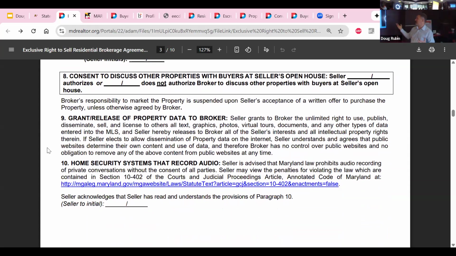The next kind of weird one that's arbitrarily boxed and bolded is this concept of discussing other properties in the event that you're holding an open house. When I'm talking to my clients about it, I'm basically saying, hey, if someone asks about the house down the road, I like to be able to discuss it, in part to say how much better your house is than X. But there are some sellers that are like, you represent me, you are at 123 Main Street, you do not talk about 124 Main Street.